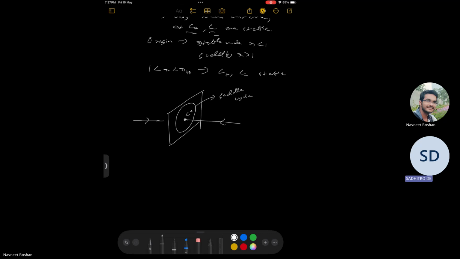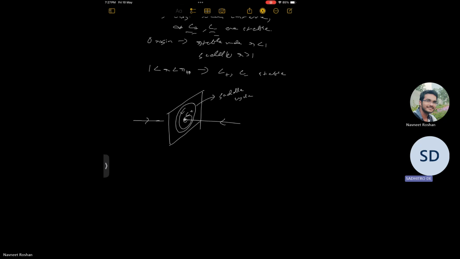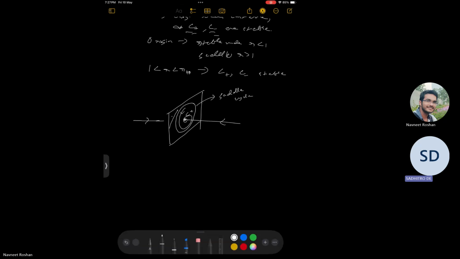What this basically means is that the flow which starts from inside the saddle cycle approaches C, and the flow which starts away from it tries to go away from the cycle. So this is an unstable cycle, and C is a stable fixed point like that.